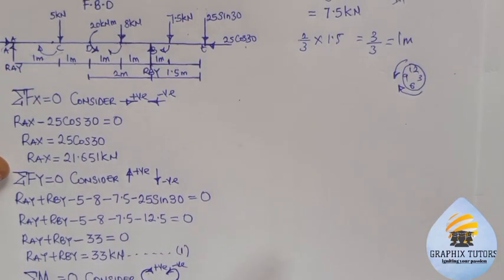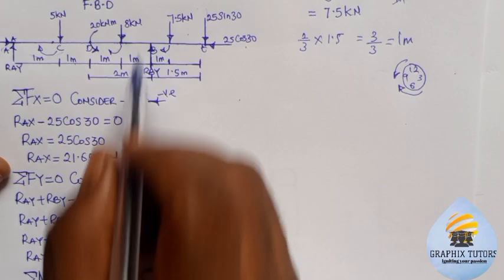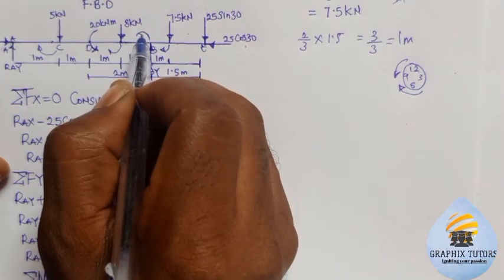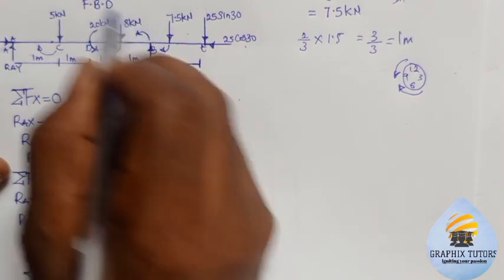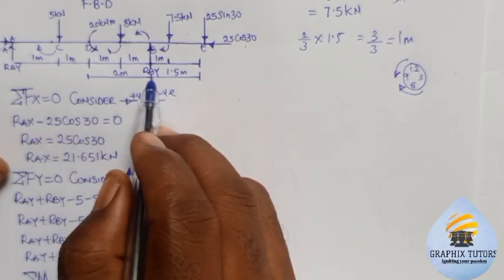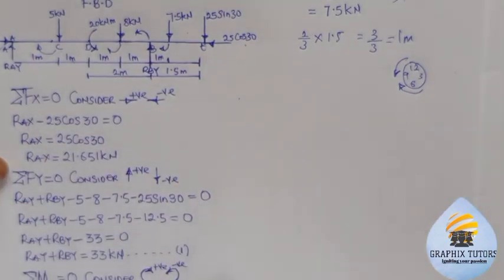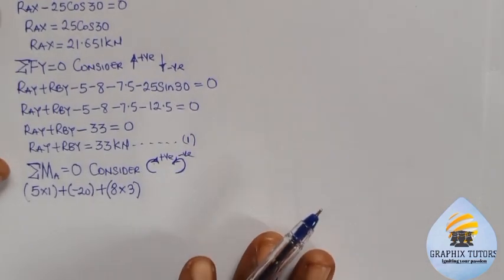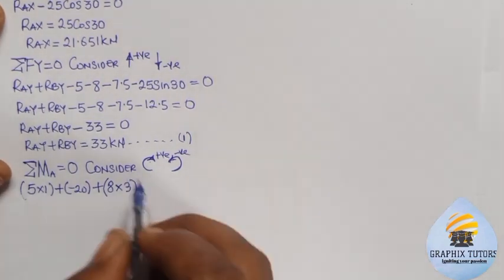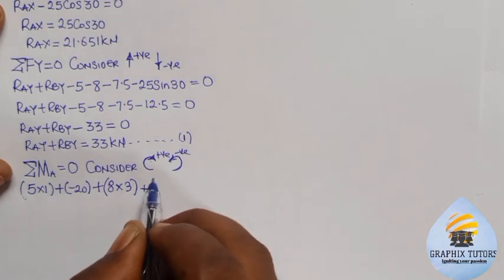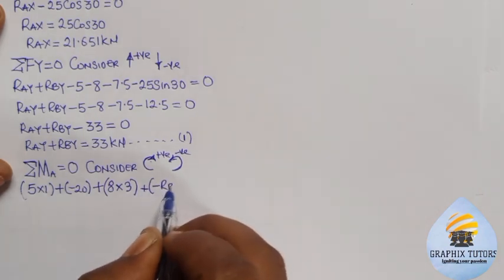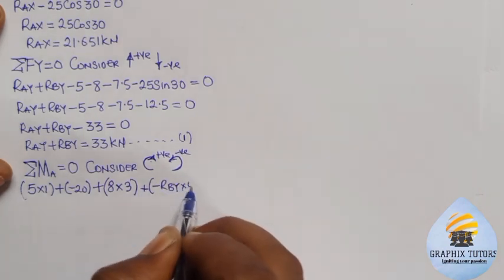But before the 7.5, we have what is called the RBY, which is going in this direction, and that is anti-clockwise towards point A. So RBY times, this is 1, 2, 3, 4. So that will be minus RBY times 4. So we have plus bracket, minus RBY times 4.